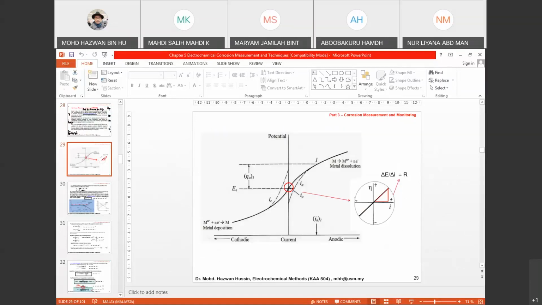So the outcome of the results is that for PD, you can directly get I corr, the corrosion current density.